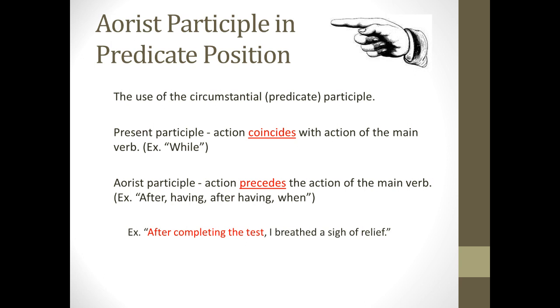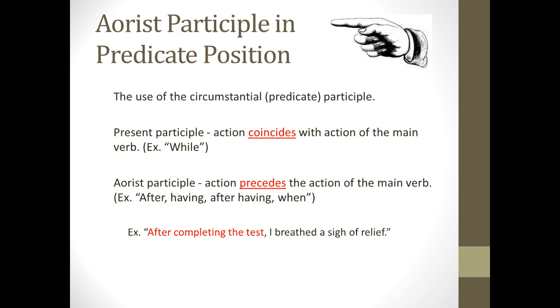Keep in mind, as we saw in the last lesson, that at times the participle can appear in the predicate position, which means that the participle appears without a definite article preceding it. When we looked at the present participle, we noticed that the action of the participle would coincide with the main action of the verb in the sentence.